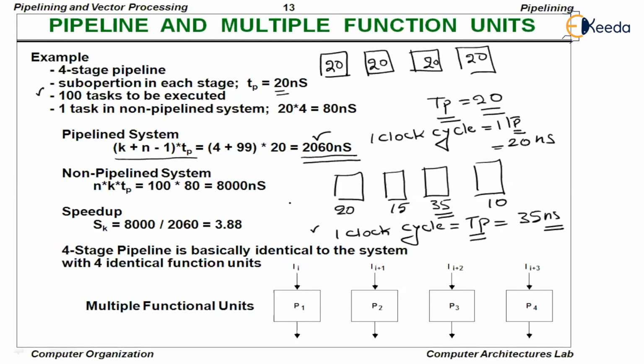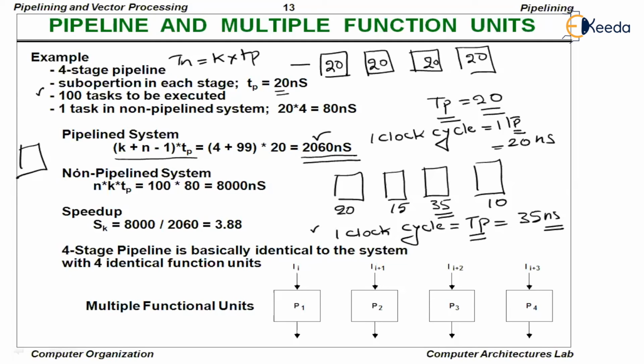In a non-pipeline system, you know the relationship between Tn and Tp. Tn is equal to k into Tp, because a non-pipeline system is a blend of all the segments in the pipeline. The total number of segments in the pipeline is equal to 4.